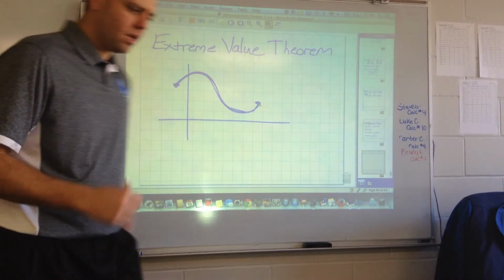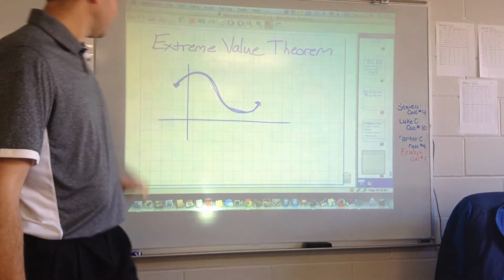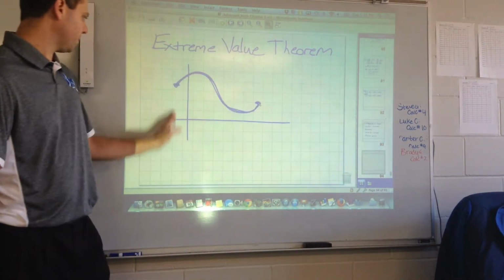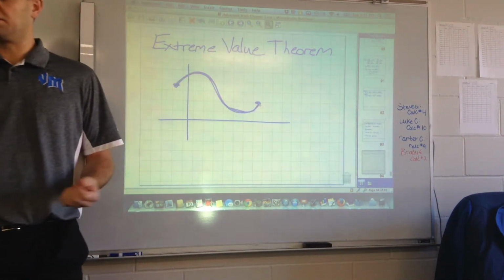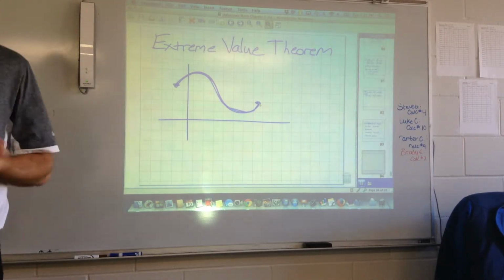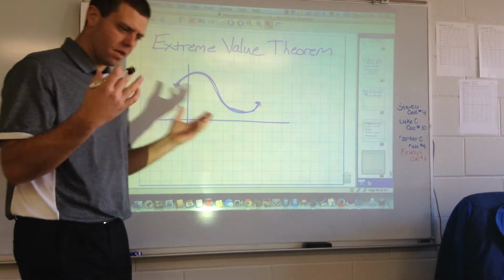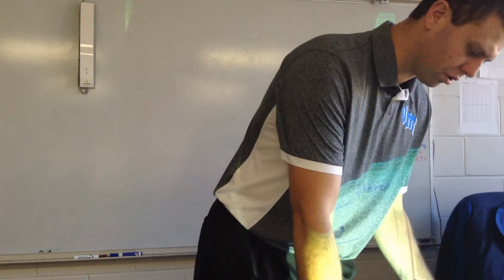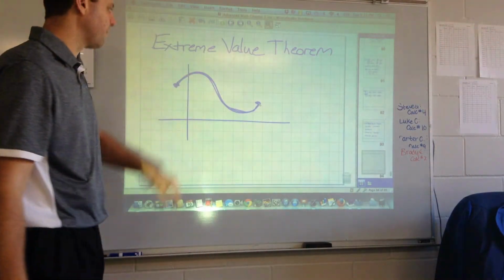If f is continuous on a closed interval, so if I have a continuous function from here to here, you are guaranteed to have an absolute max and an absolute min. So you'll be able to find one of those for sure every single time. So that's your extreme value theorem.